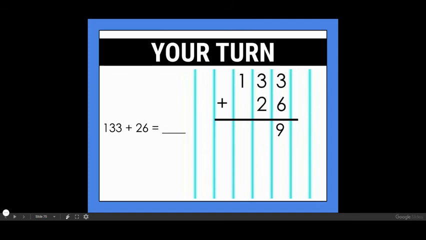Now move on to your tens. Did you get 5 tens or 50? And let's do the hundreds. Hopefully you got 100. Now go ahead and add them all up. What is your final sum?